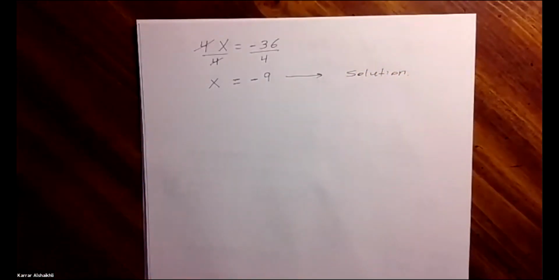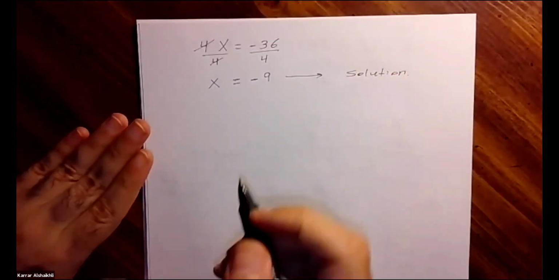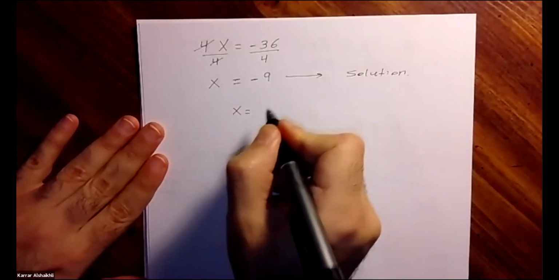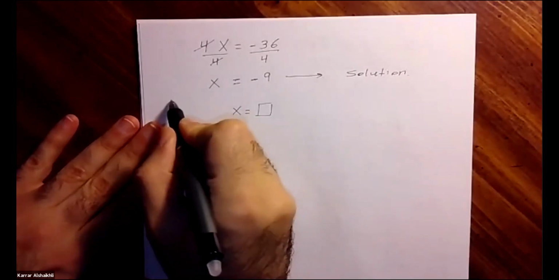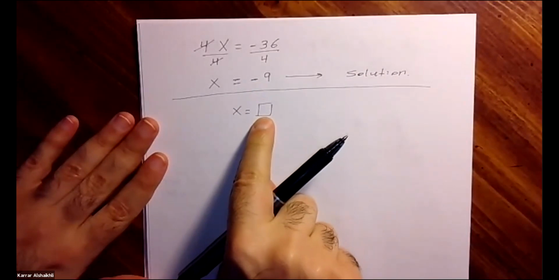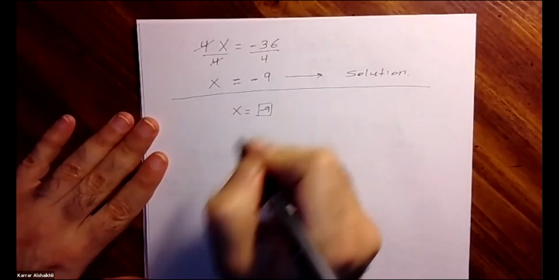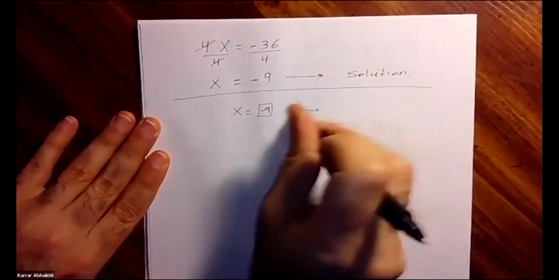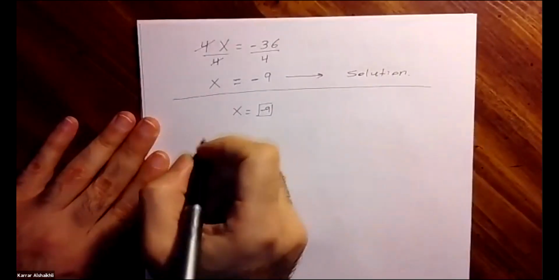Because sometimes on the online homework, you will get x equal like this. Okay, so you're just going to write down -9 here. Sometimes they're going to ask you to write down the solution.